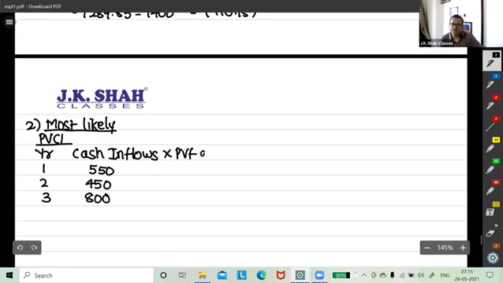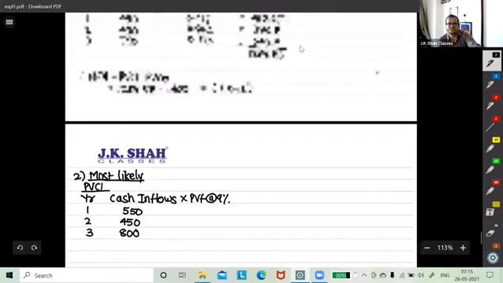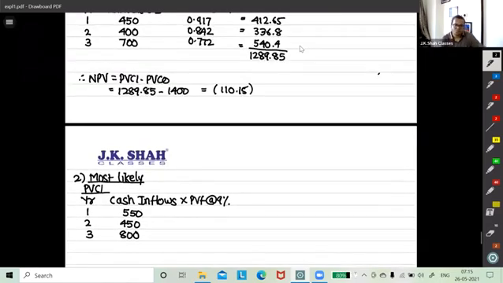Multiply by present value factor at 9%: 0.917, 0.842, 0.772. Copy.